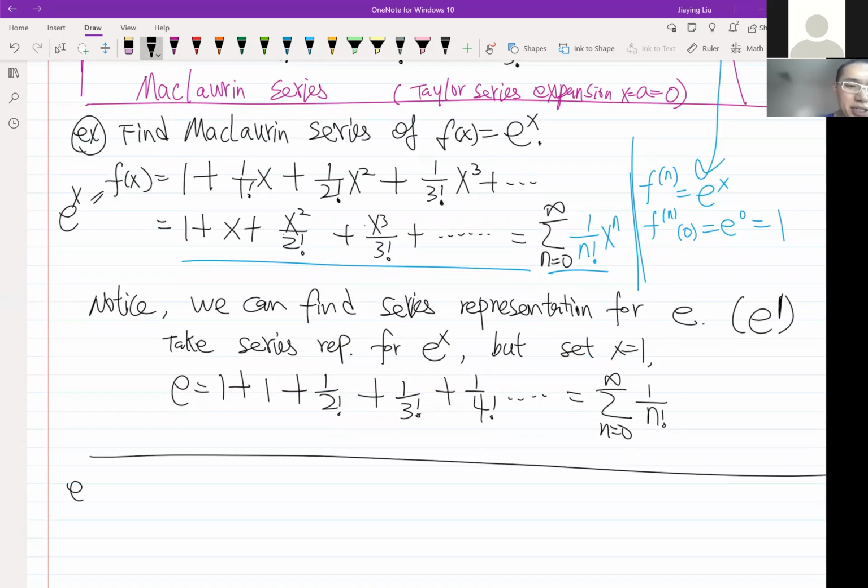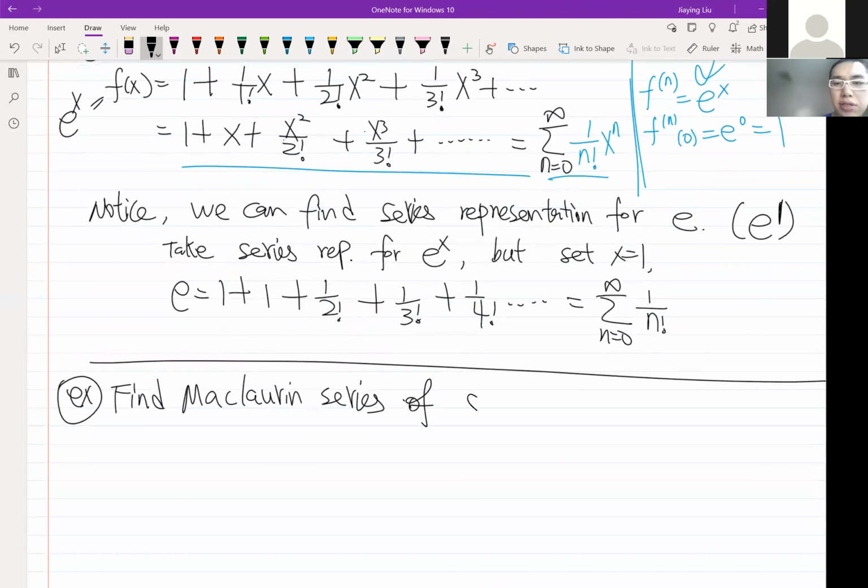Now, another exercise I was thinking about earlier is we can find the Maclaurin series representation of sine x, so f of x equals sine x. Because for sine x, we cannot use the trick we did before to find the power series representation.